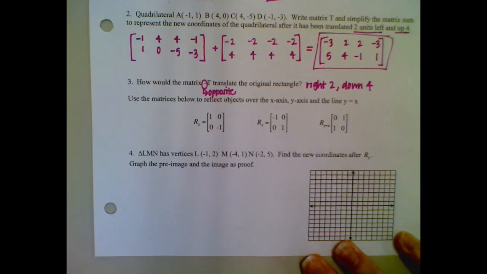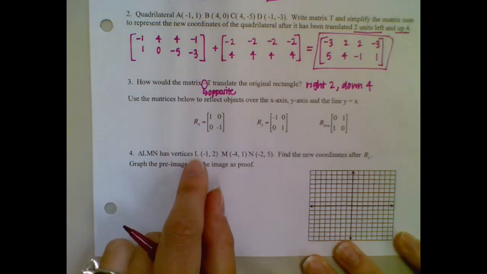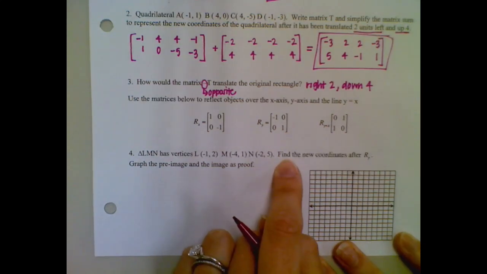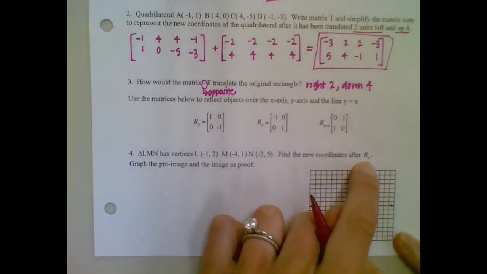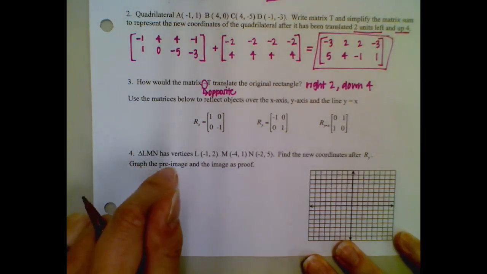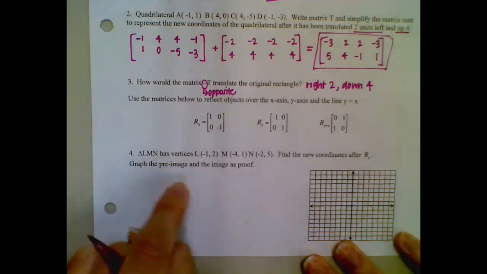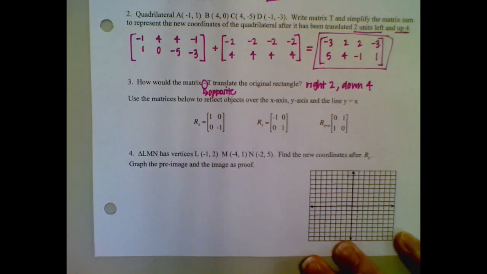Okay? So looking at number 4 here, we have triangle LMN, and it has the vertices listed here. We are going to find the new coordinates after it's reflected over the y-axis. That's what that notation means there. And then we're going to graph the pre-image, meaning that triangle, and then the final image as proof.